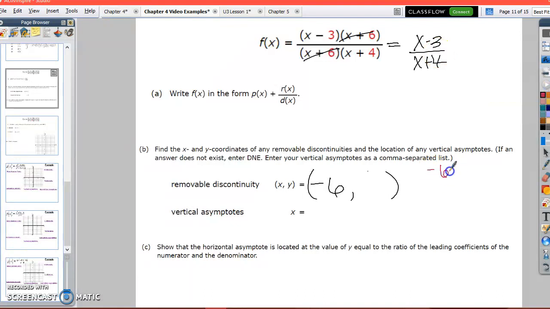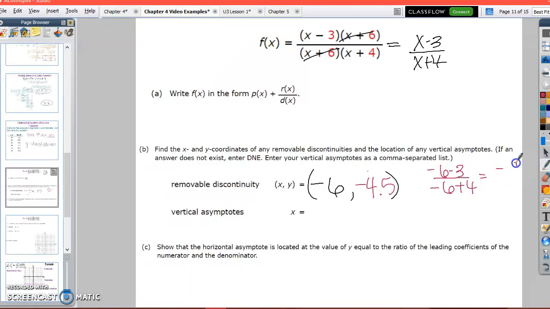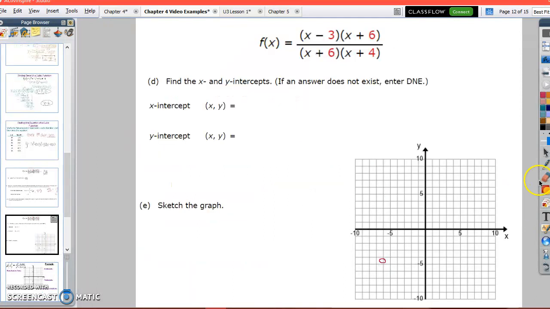And so I'll have -6 minus 3 divided by -6 plus 4. So I will end up with a -9 over a -2, which will give me a positive 4.5. Next, I'm going to go over here to my graph, where I'm going to plot the point -6, positive 4.5, so I know I'm going to have a hole there on my graph.